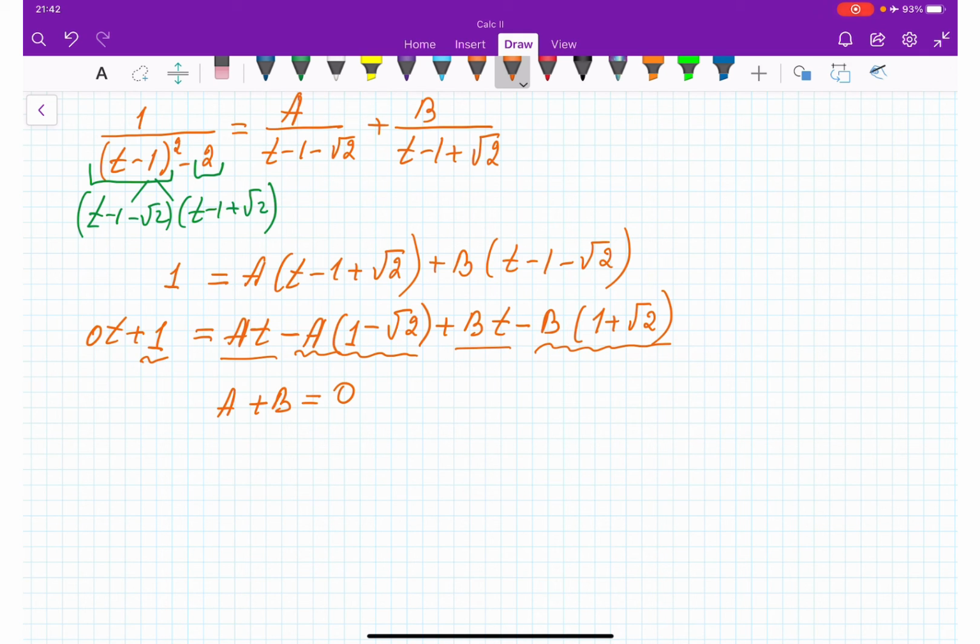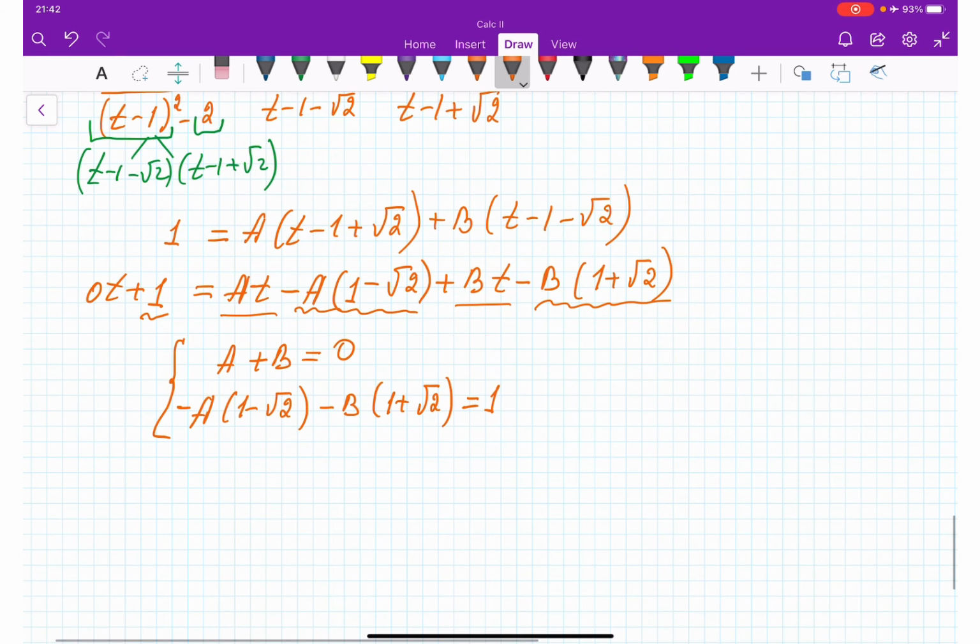The available term is 1. So we get negative a, 1 minus square root of 2, minus b, 1 plus square root of 2, equal 1. I'm going slow not to make silly mistakes myself.